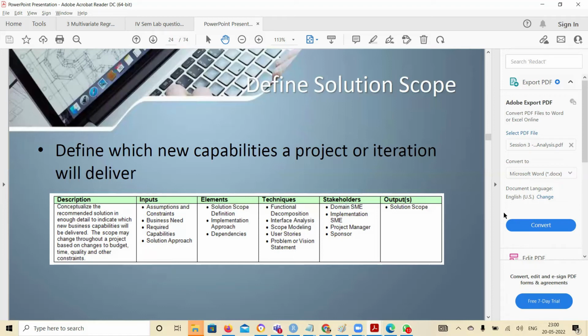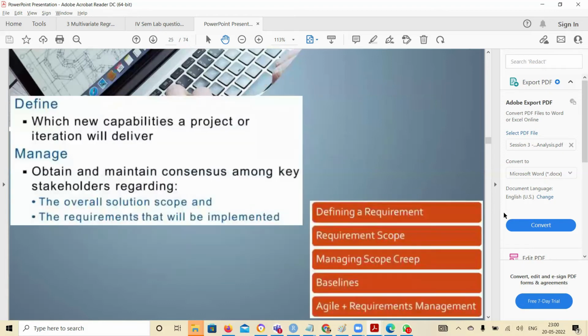Then you have stakeholders. All of them: domain SMEs, implementation SME, project manager, sponsor, and you end up creating the solution scope document. So you have to keep in mind, when you are doing the scope modeling, the way we start talking about is which new capabilities a project or iteration will deliver.